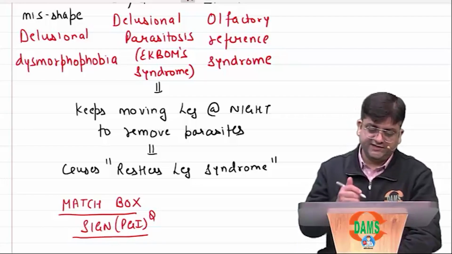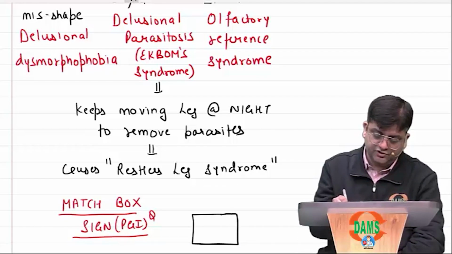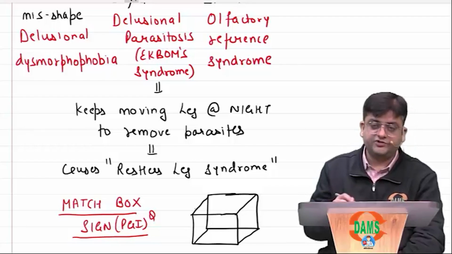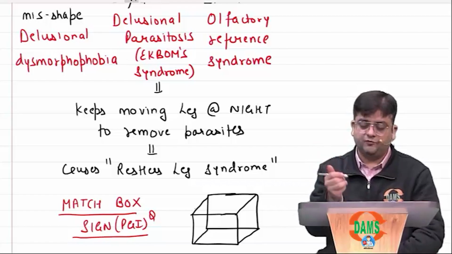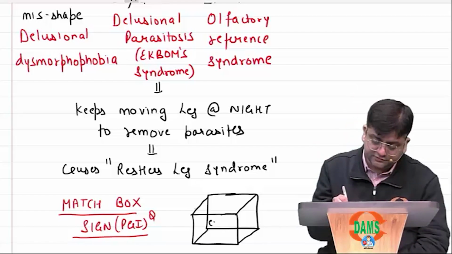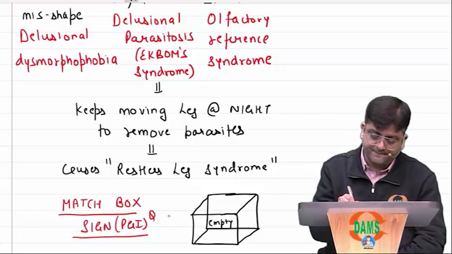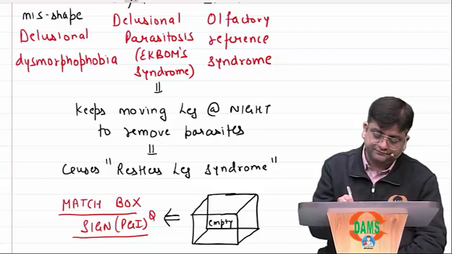And he takes me very seriously and literally. Next night, when he feels the urge to scratch his skin, he scratches his skin, and whatever comes in his hand, he puts it in a matchbox and brings the matchbox to me. I said, what did you bring? Sir, worms. When I checked it, it's empty. This sign is called matchbox sign.